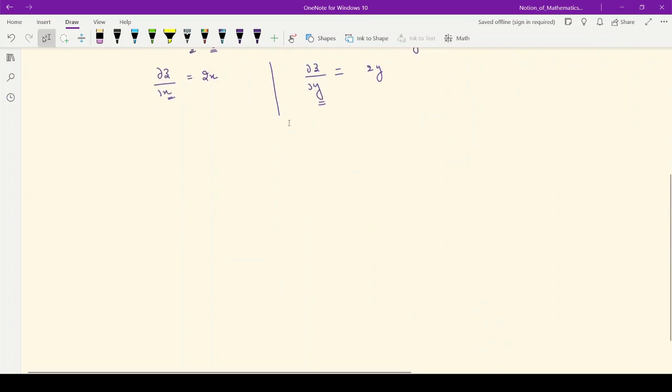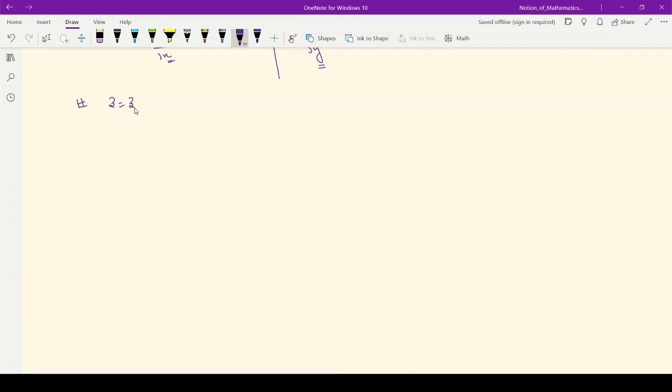Students, if z is a function depending upon x1 up to xn, so here z is a dependent variable, and x1 up to xn are independent variables.